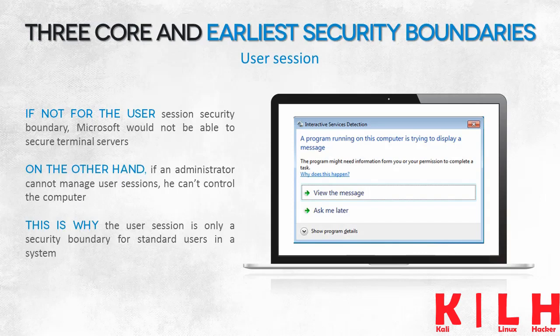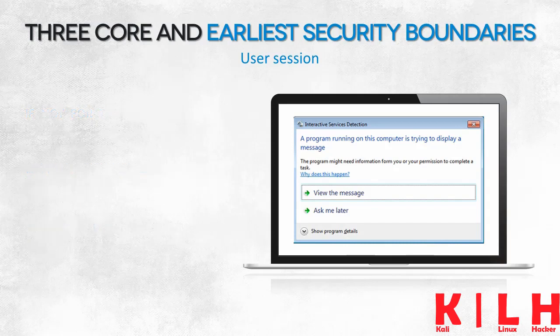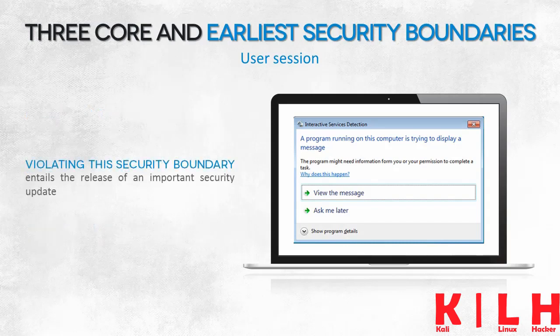A user session has been set to define a security boundary, but only for standard users. Users with raised permissions, for example administrators, are able to cross the boundary within the rules provided for the boundary. This is supported by Microsoft. Violating a user session boundary will also entail a release of an important security update.